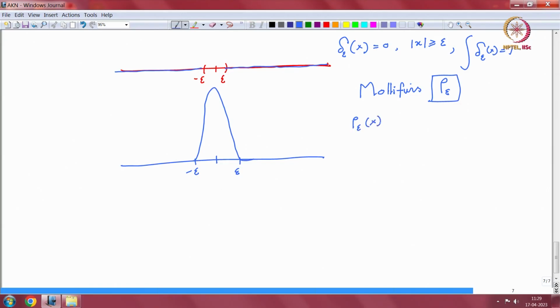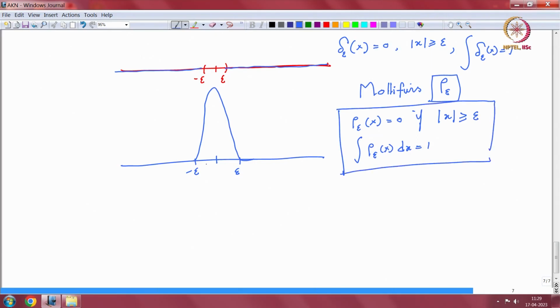This can be done in any dimension. So you can have rho epsilon of x equal to 0 if mod x is greater than or equal to epsilon, and at the same time the integral of rho epsilon of x dx is equal to 1. You have a precise construction which we have already done.